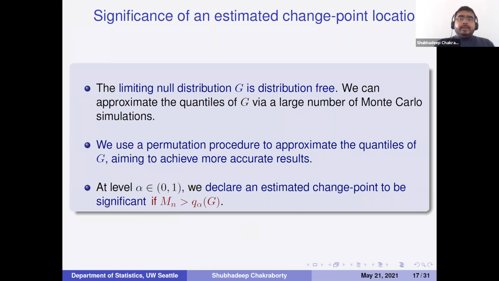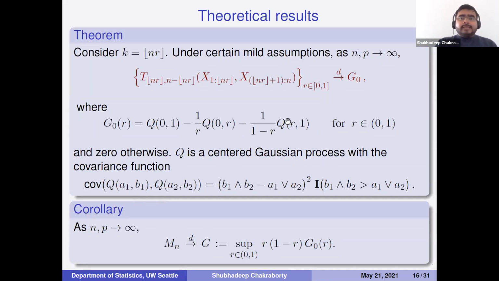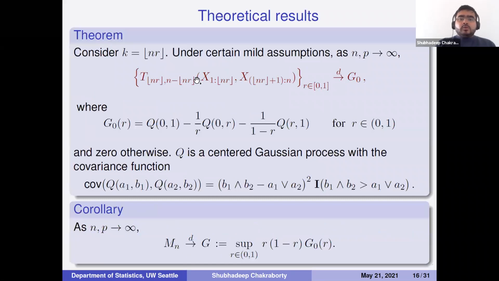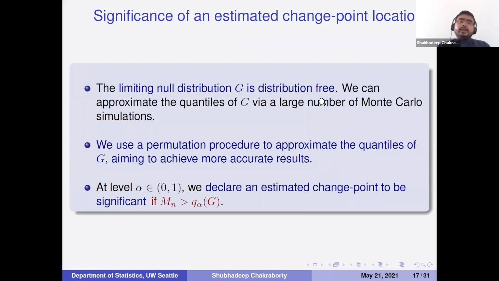So based on that, what we need to see is whether M_n exceeds a certain threshold or not. So what we need is to approximate the quantiles of this limiting distribution of M_n. Given that it's distribution free, one can approximate the quantiles via a large number of Monte Carlo simulations. That's one way.